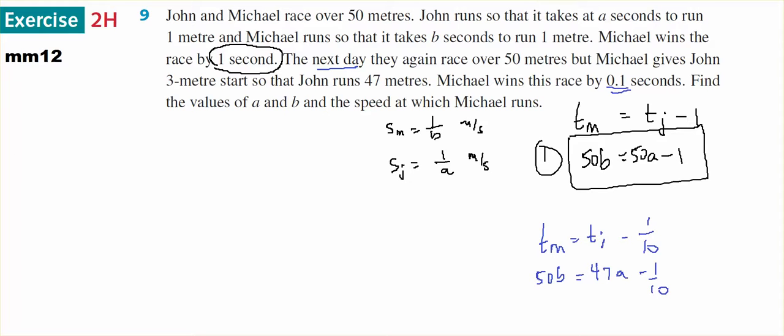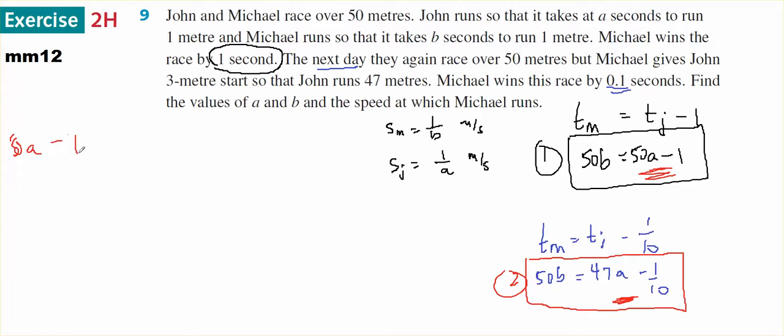Okay, to solve these two simultaneous equations, I have equation 1, and I've also got equation 2. Since 50B equals the right hand side and 50B equals the right hand side, I can set those equal to each other. So 50A minus 1 equals 47A minus 1/10.